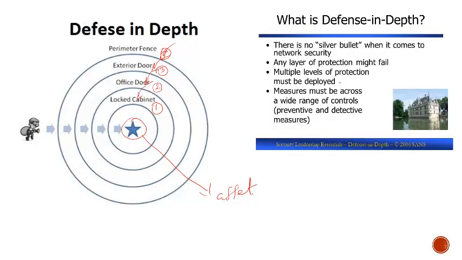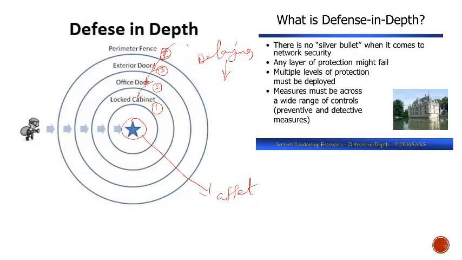The whole essence of this is to ensure that you are delaying the amount of time that a compromise can happen. No system is 100% secure, unless it cannot be breached. But what you want is to delay the attacker so that you have enough time to respond to the security incident. So measures must be across a wide range of controls.